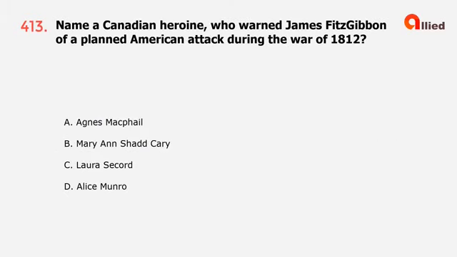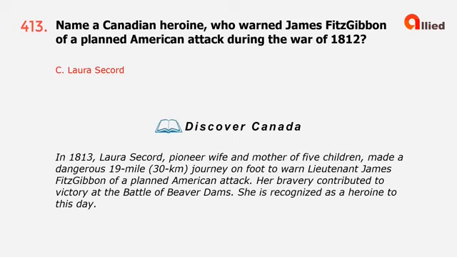Question 413. Name a Canadian heroine who warned James Fitzgibbon of a planned American attack during the War of 1812. A. Agnes MacPhail. B. Mary and Shad Carey. C. Laura Secord. D. Alice Munro. The answer is C. Laura Secord.